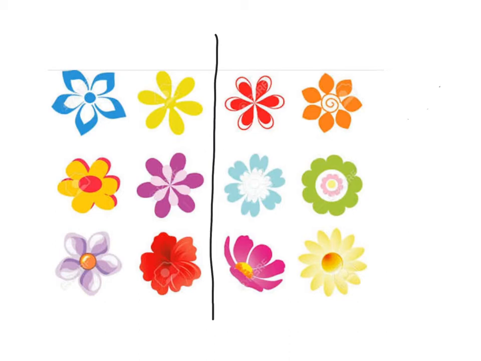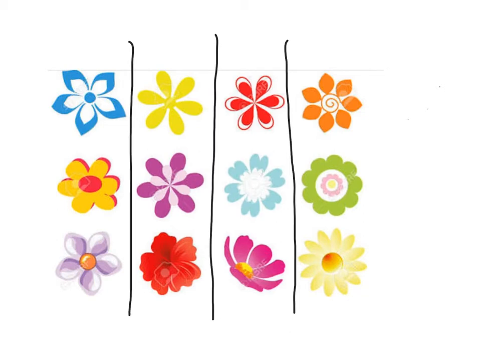Remember, with our pictures before of the circle, we discovered that if we halve a half, then we make a quarter. So I'm going to divide each of these halves now into another half. So I'm going to halve this one down here, and I'm going to halve this one down here.